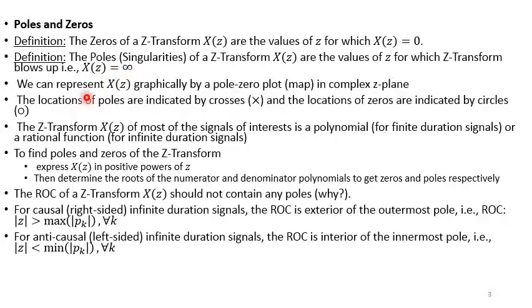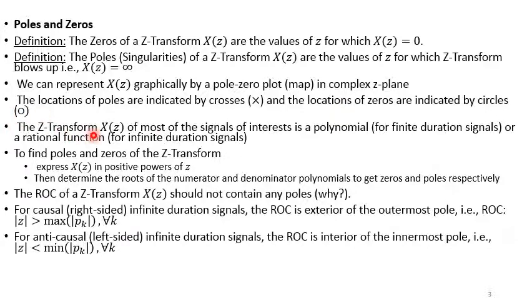We represent X of Z graphically by a pole-zero plot in the complex Z plane. Poles are indicated by crosses, whereas zeros are indicated by circles.